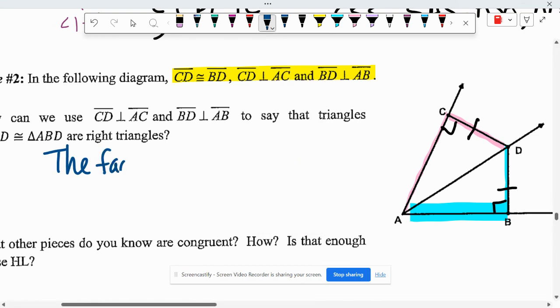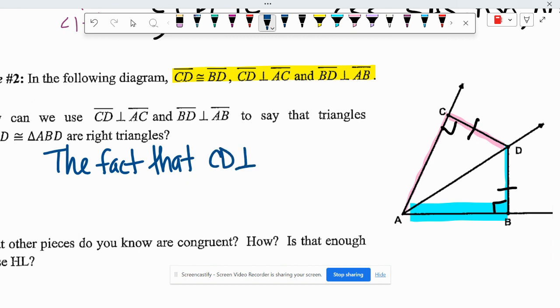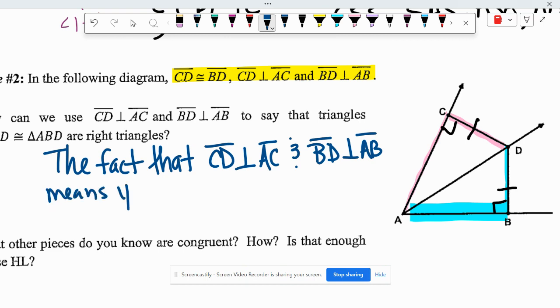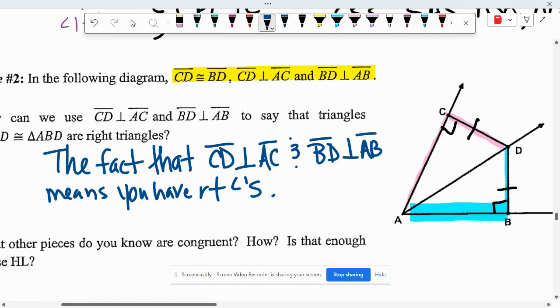The fact that CD is perpendicular to AC and that BD is perpendicular to AB means you have right angles. Okay? True or false?